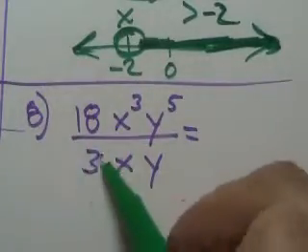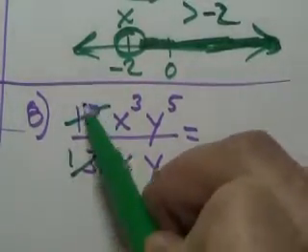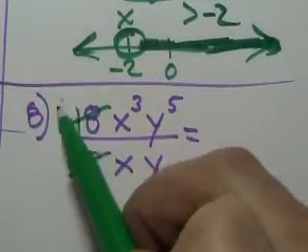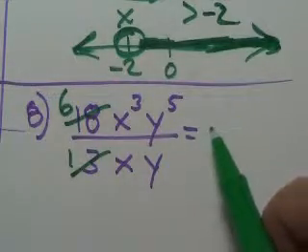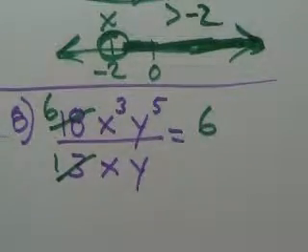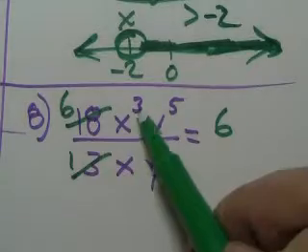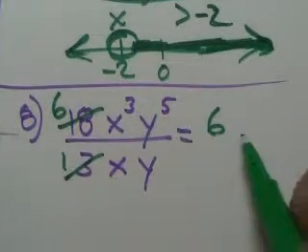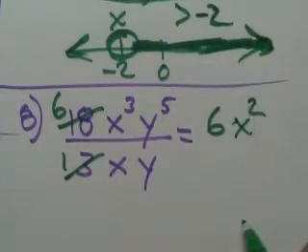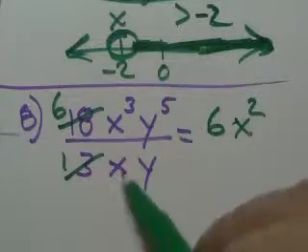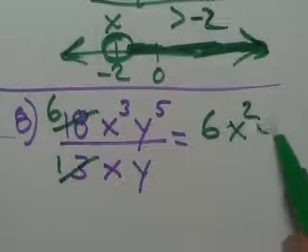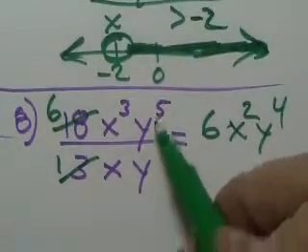On number 8, I'll do the shortcut version. 3 goes in there once. 3 goes into 18, 6. So I have a 6 up on top. Okay, and let's see. I have 3x on top, 1 on the bottom. So that means I have 2 more x's up on top than on the bottom. And for the y's, I have 4 more y's than on the bottom.